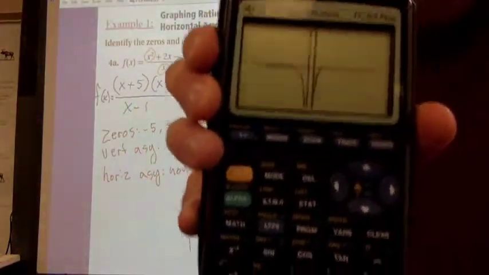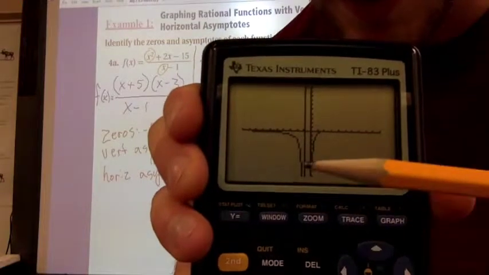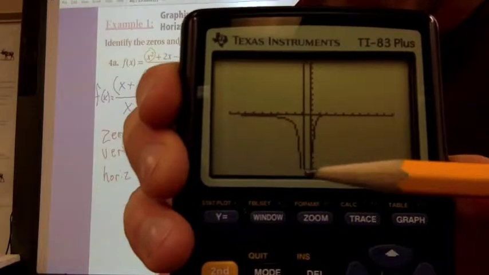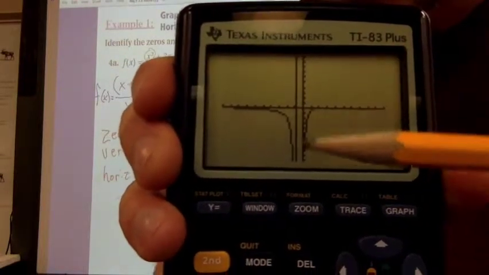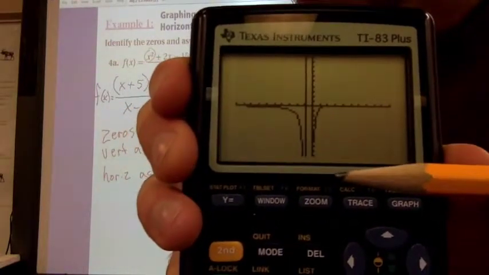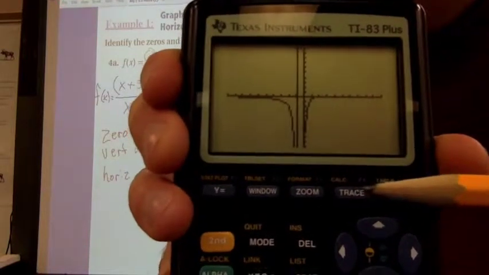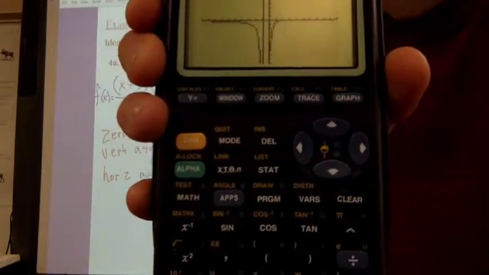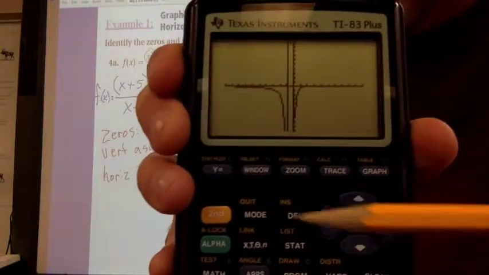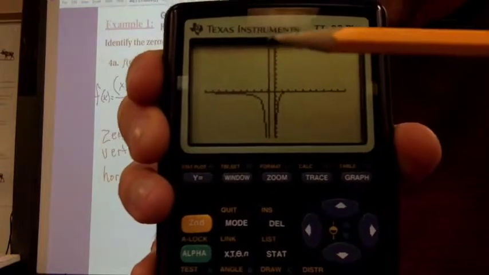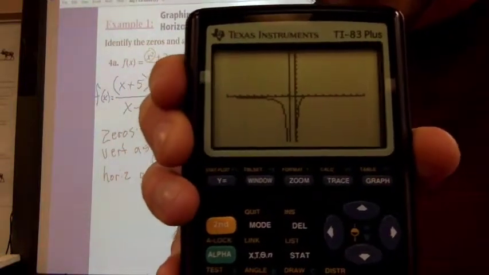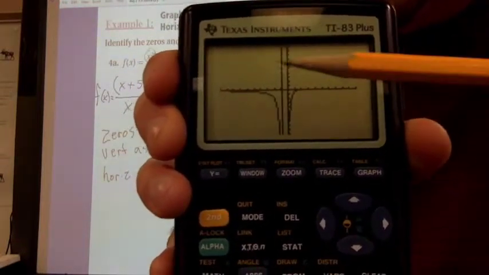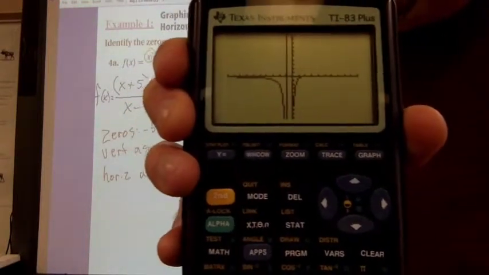Okay, you can see right off the bat, it's a little harder to see our zeros, but right off the bat we've got a vertical asymptote at x equals -1, and it looks like we've got another one here at x equals 0, and that's what we said, so that's good. And we've got a horizontal asymptote right here at y equals 0.